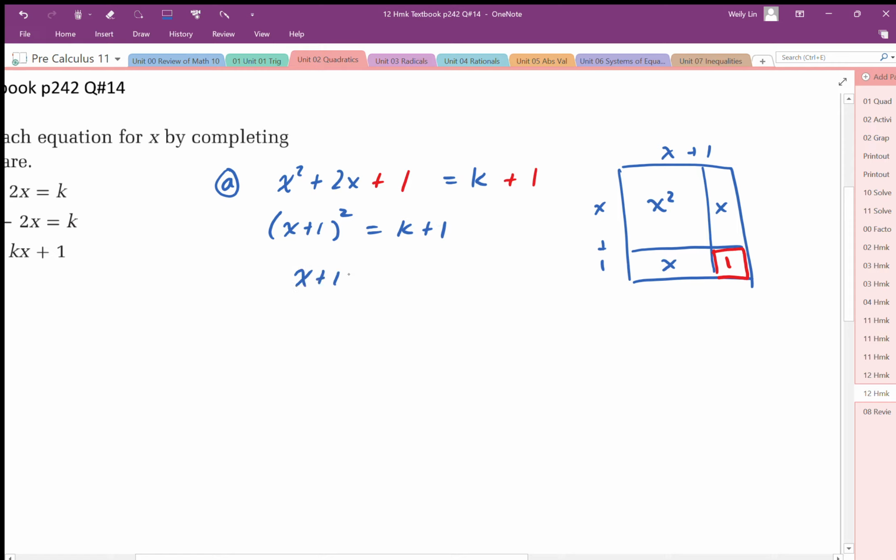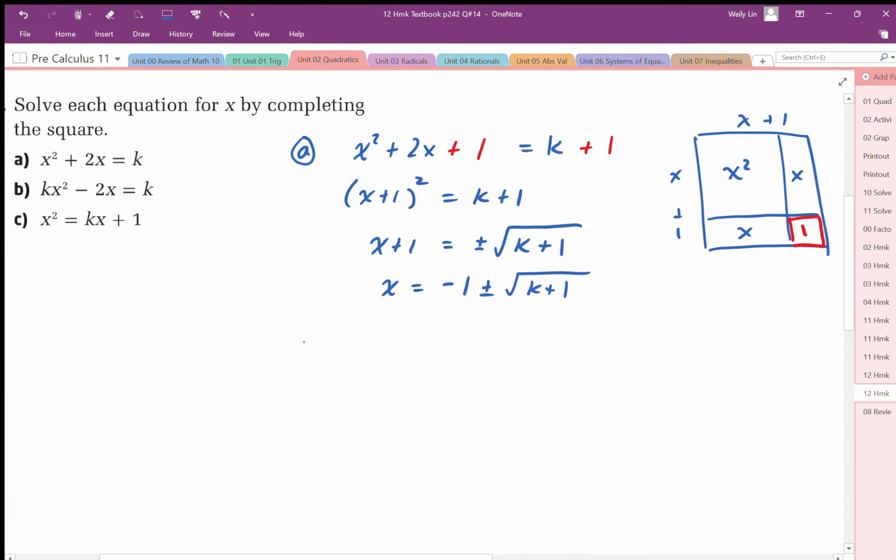So x plus 1 equals plus minus the square root of whatever k plus 1 is. Remember that we can't apply the square root when there's a plus. We're just going to solve for x by subtracting 1 from both sides, and there's our solution for x. Okay, we completed the square, and then we isolated the x.